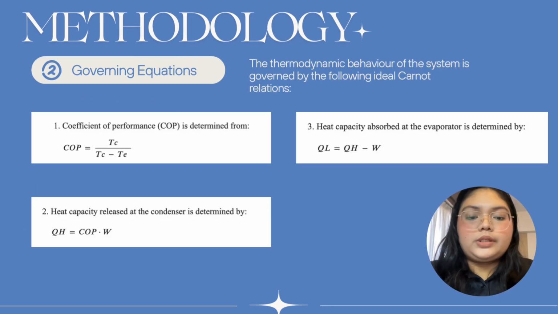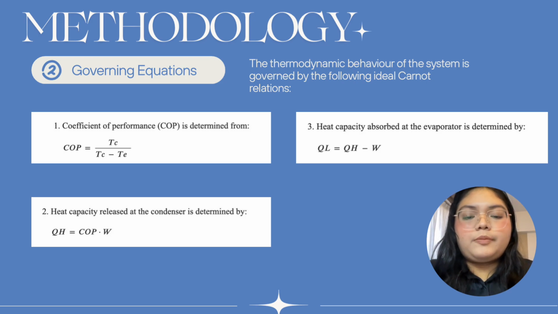Secondly, the governing equations. The thermodynamic behavior of the system is governed by the following ideal Carnot relations. First, the coefficient of performance, COP, is determined from T condenser over T condenser minus T evaporator. Secondly, the heat released at the condenser is determined by QH equals COP times the compression work.